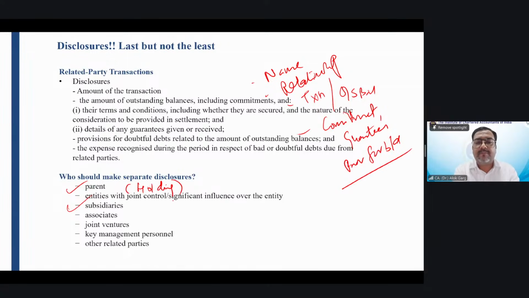Then subsidiaries, associates, joint ventures, KMP, and other related parties. So these are the entities which will make a separate disclosure.